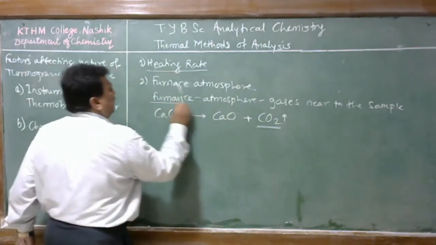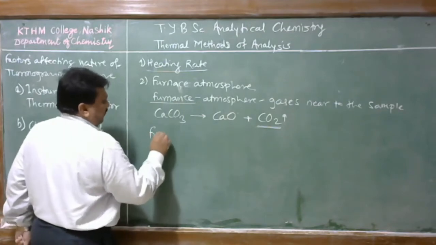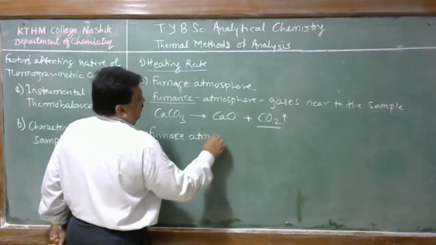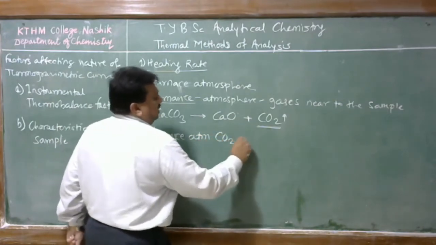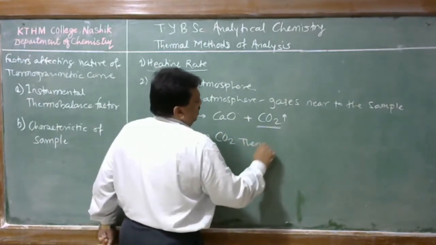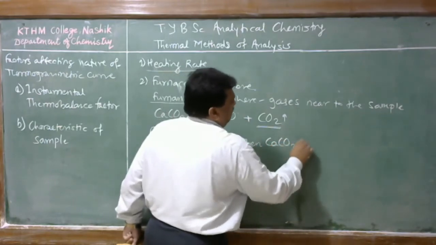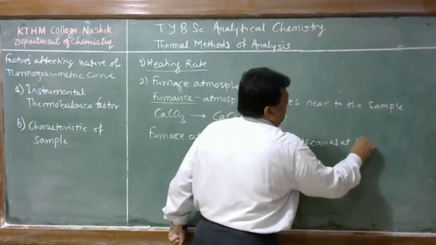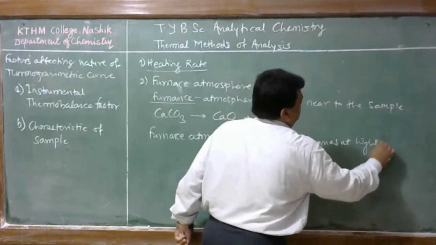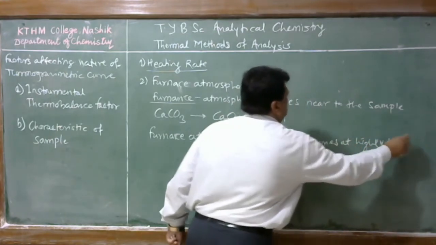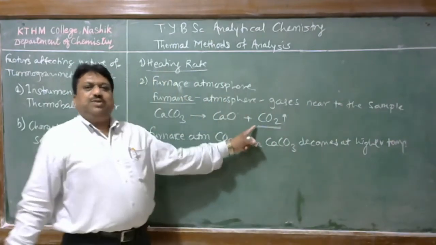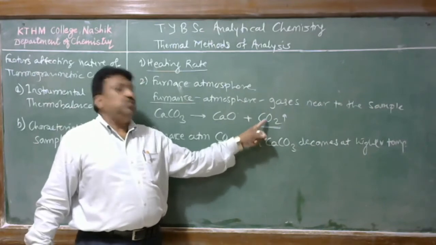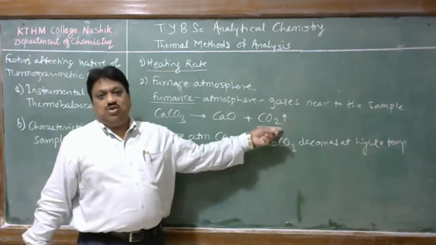If the furnace atmosphere in this reaction is made up of CO2, then CaCO3 decomposes at higher temperature. The gas which is lost is already present in the atmosphere, therefore it is difficult to give off this CO2 into the atmosphere.